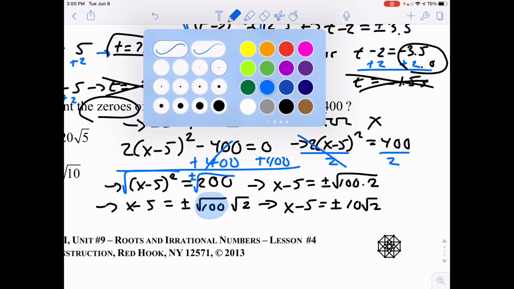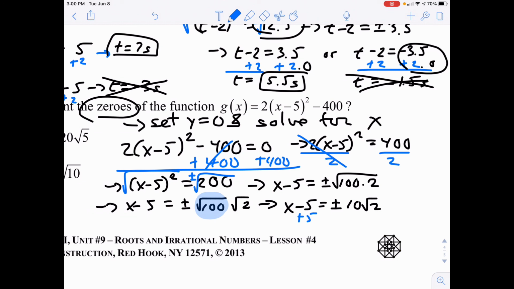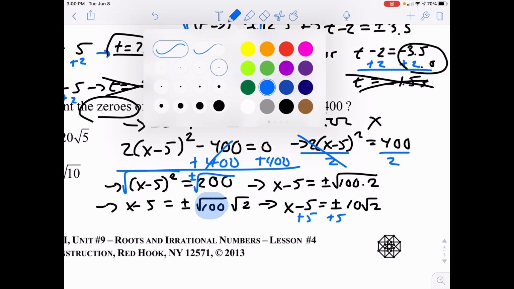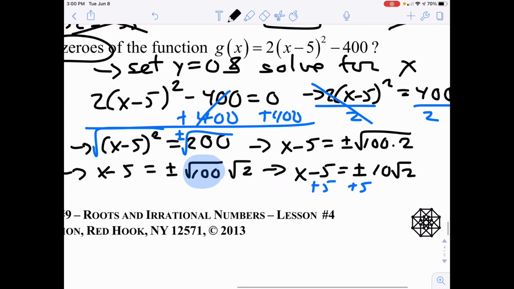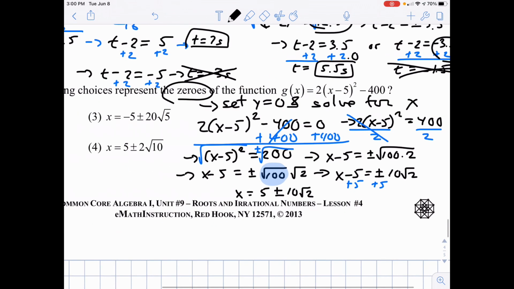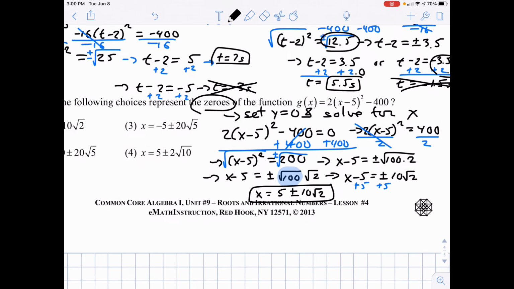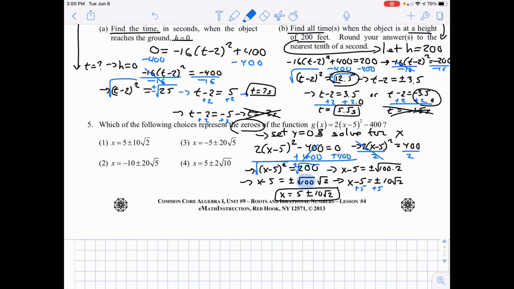Last step, add 5 to both sides, and you get 2 possible answers. You get x is equal to 5 plus 10 radical 2 or 5 minus 10 radical 2. Which would be number 1.